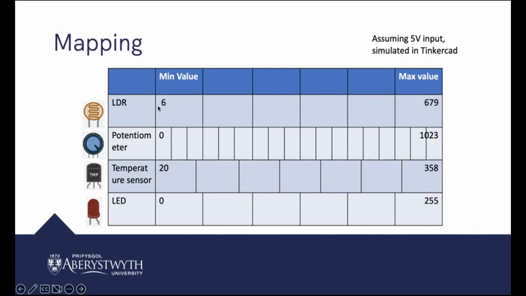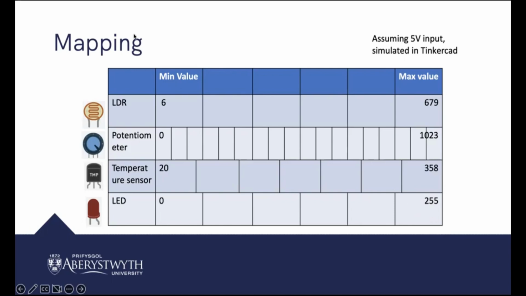So for example, the LDR will return a value between 6 and 679 when we use the analog read on the LDR. The potentiometer has got a different range of values, and the temperature sensor again has got a different range of values. And of course, if we want to use the LED, then as an analog output, we have a range between 0 and 255.